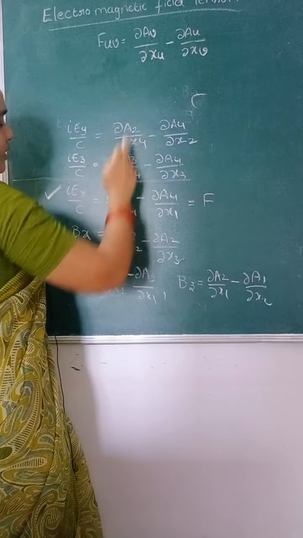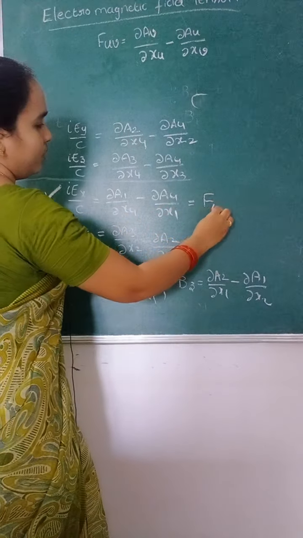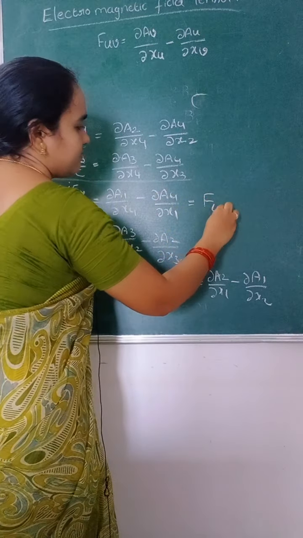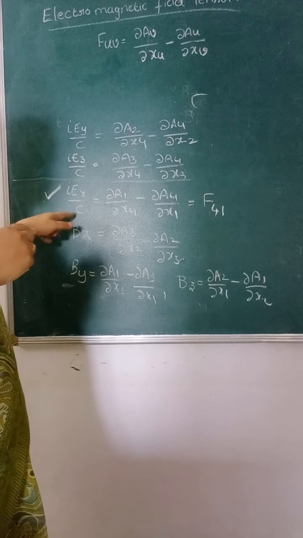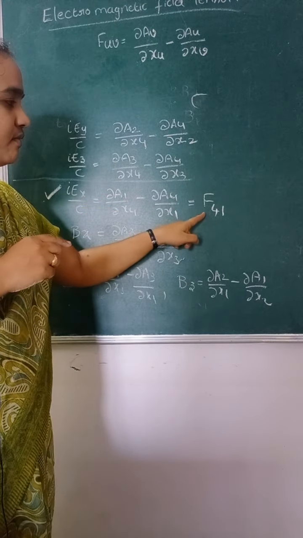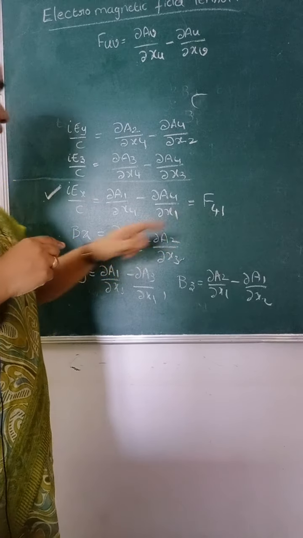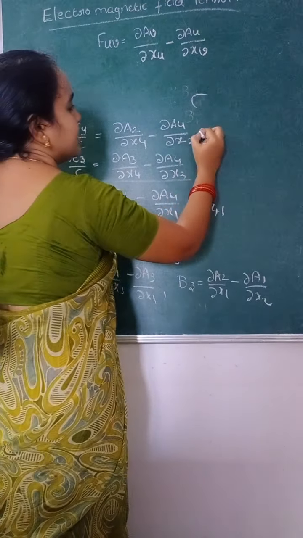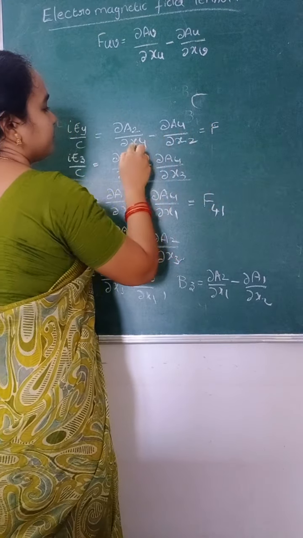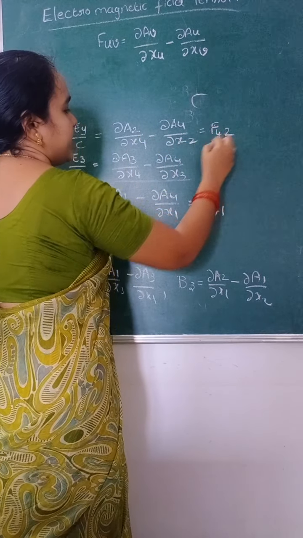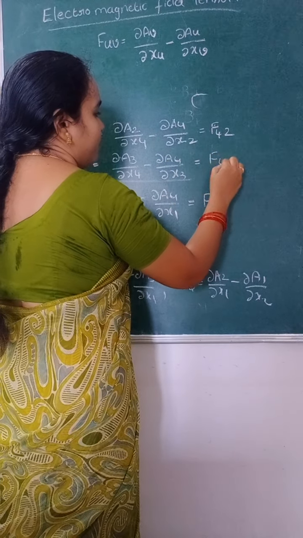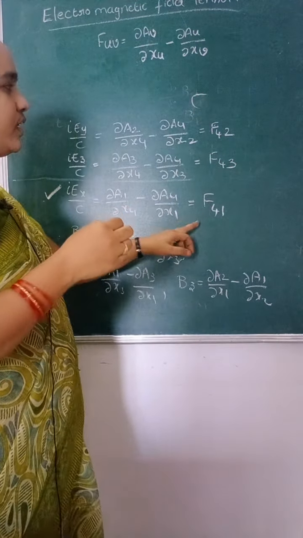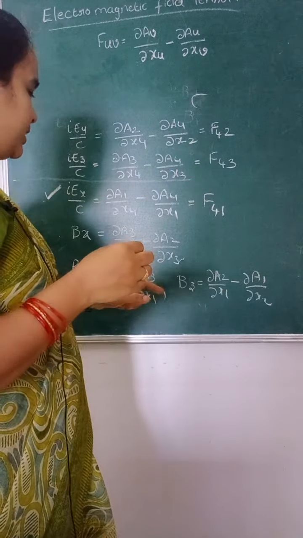U is in the denominator, so u is 4, numerator it is 1. So we can write this iEx/c in the component form as F41. Similarly, iEy/c is written as F42. Similarly, iEz/c is written as F43.